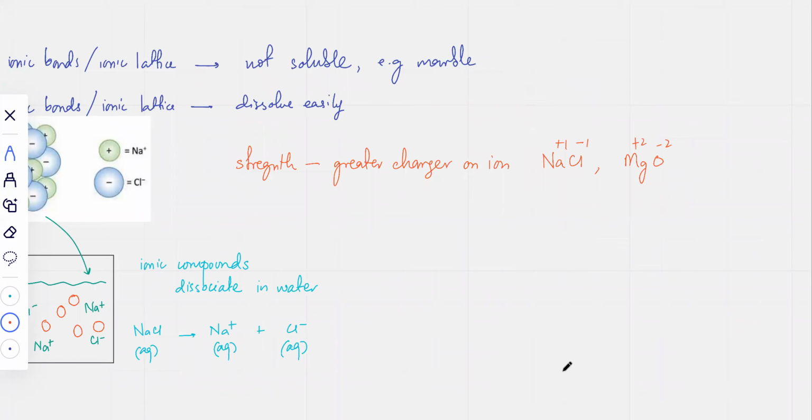Similarly, aluminium oxide: aluminium is +3, O is -2. So the force of attraction between these two ions is going to be even stronger. So these compounds would probably not be soluble.